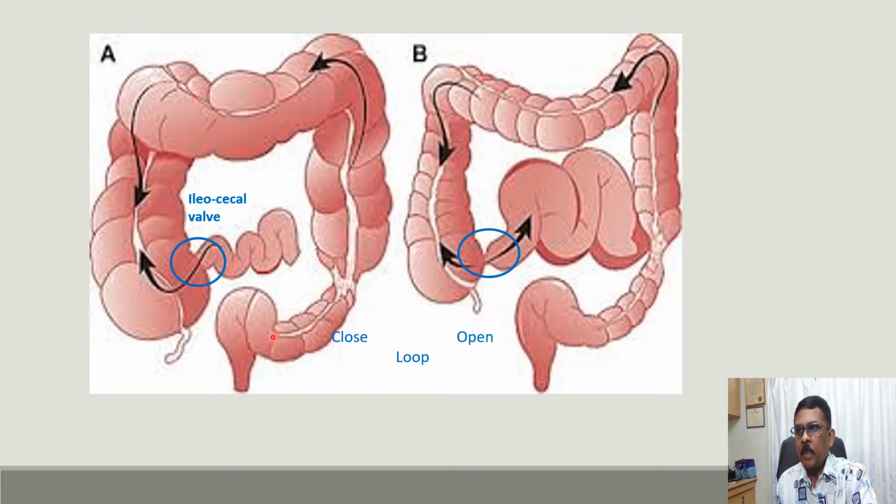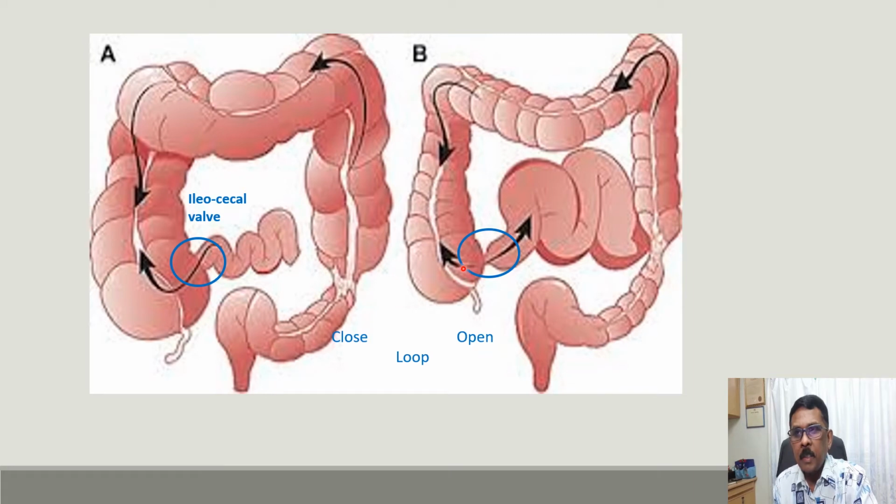So this is a closed loop obstruction, where this loop here distends very greatly and is prone to ischemia and perforation. Whereas in diagram B, the same anatomy is shown. There's obstruction, the proximal loop distends, but the ileocecal valve is incompetent.